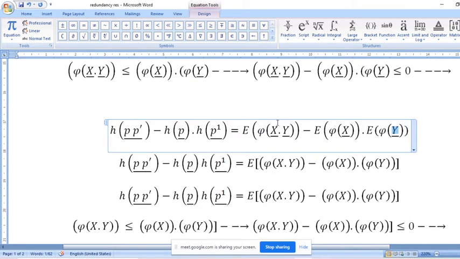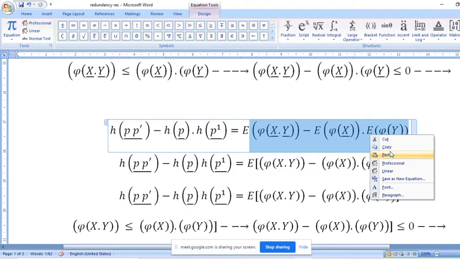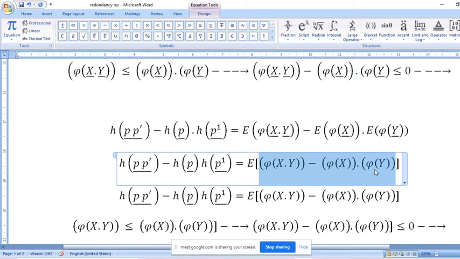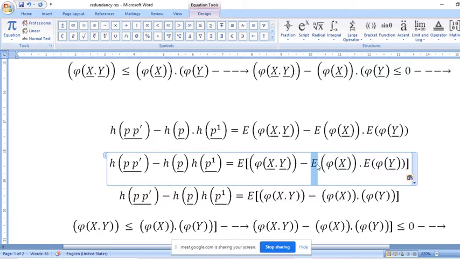Okay. Yes, sir. So we can substitute this or we can take the expectation outside. So what will be the result? If you take expectation outside, what will be that result?